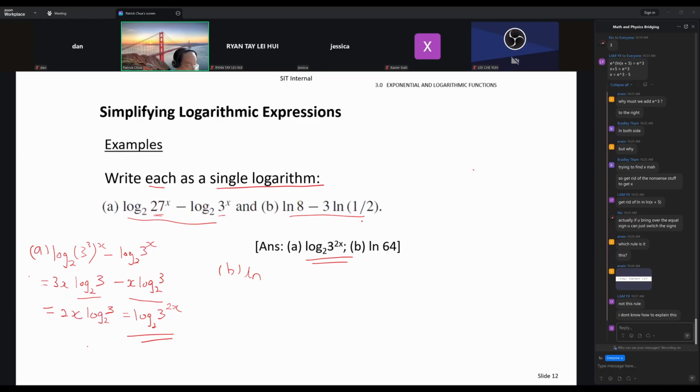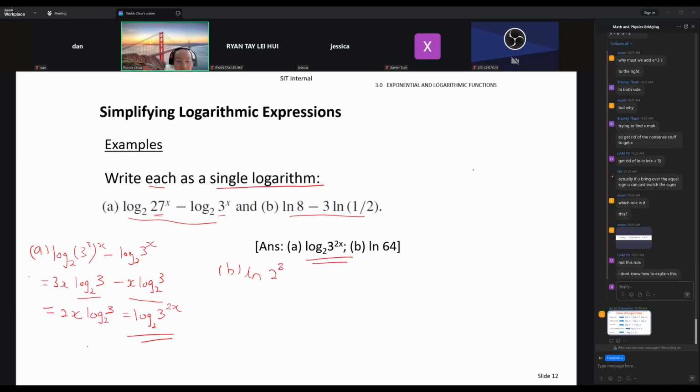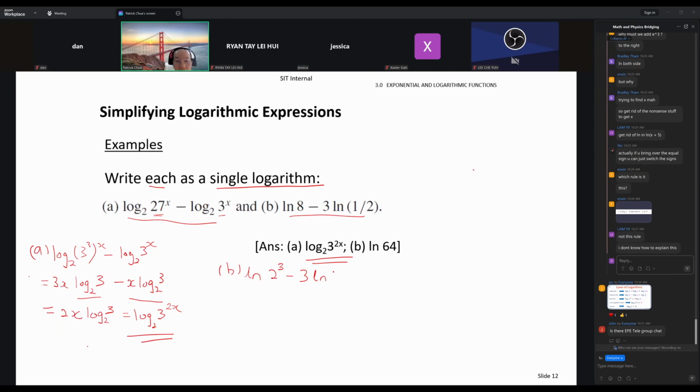Okay, so 8 is 2 cubed. So log 2 cubed minus, when you have 3 log half, 2 is in the denominator, so bring it up, it becomes 2 to the power of minus 1.